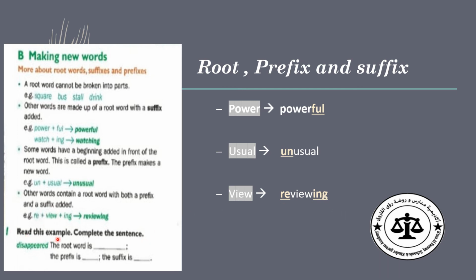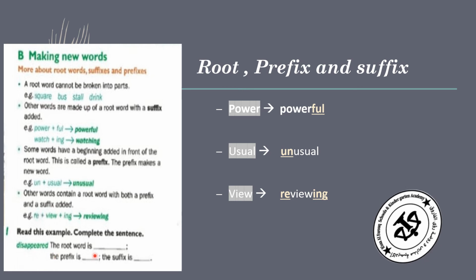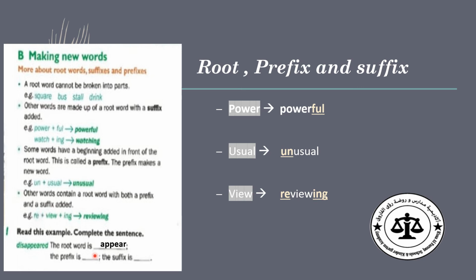Read this example. Complete the sentence. Disappeared. The root word of disappeared is... Let's delete the prefix and the suffix in this word. It becomes appear. Excellent. This is the root word.